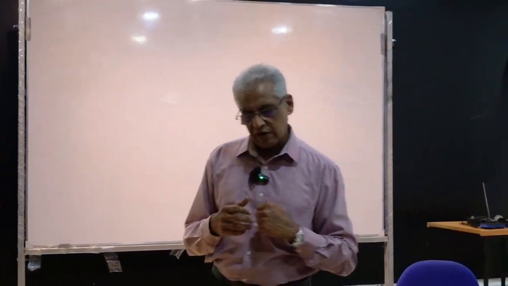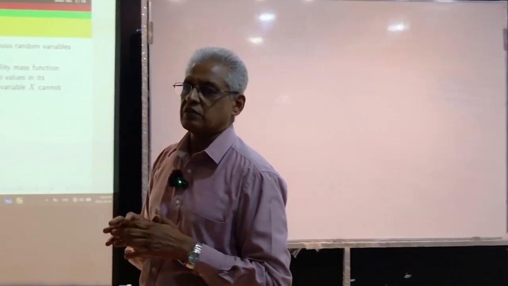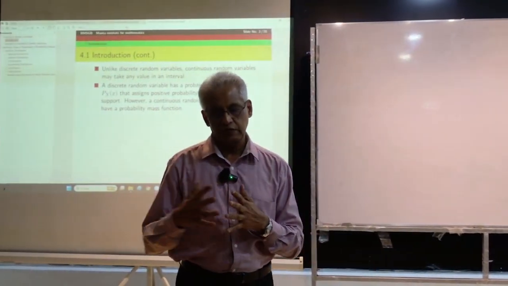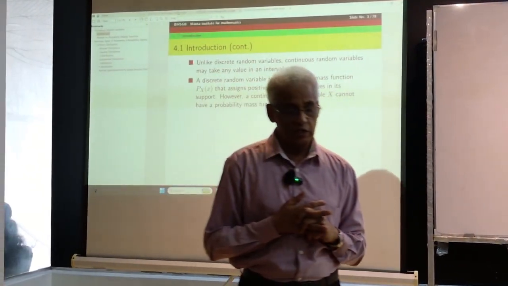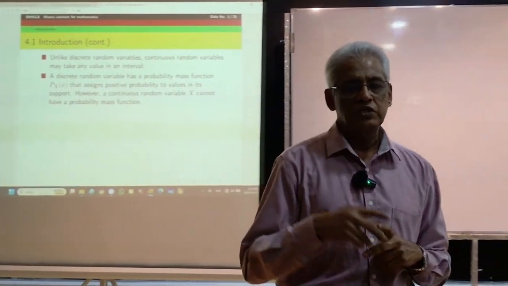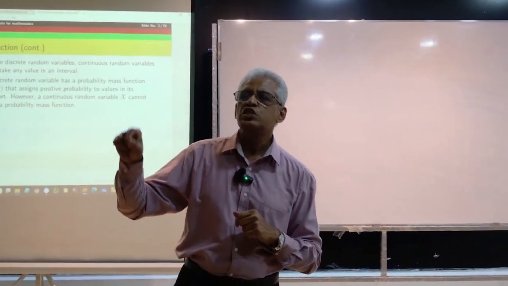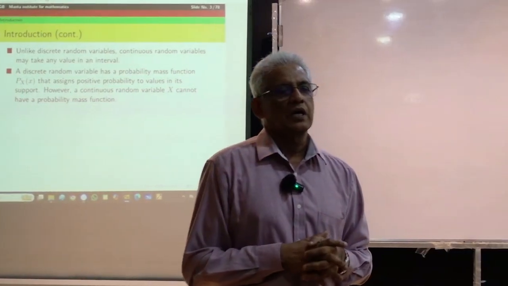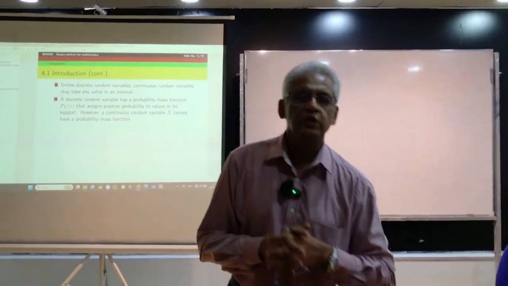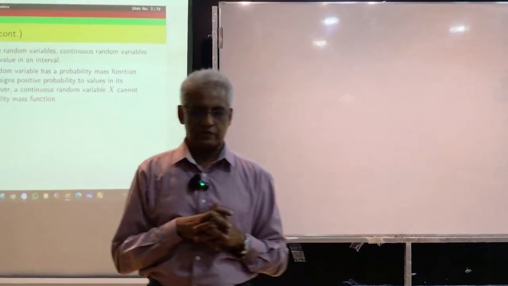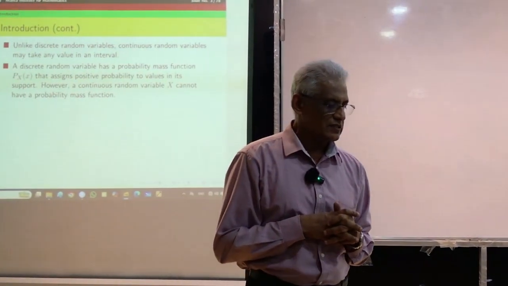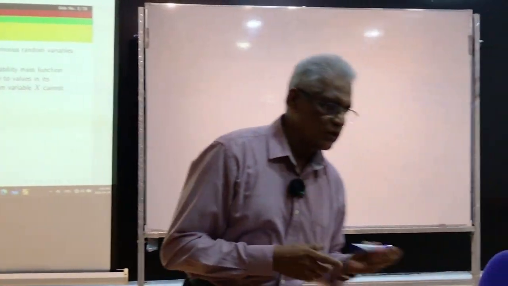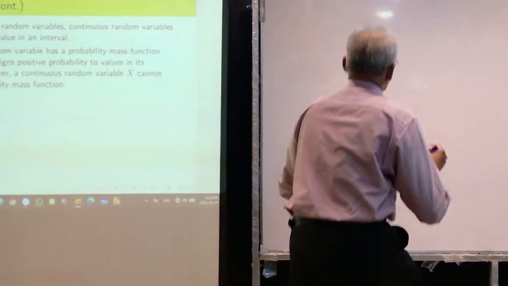For discrete random variables, we discuss mainly two probability functions. One is the probability mass function, which gives you the probability for each possible value separately. And then we discuss the cumulative distribution function, capital Fx, that is the probability x less than or equal to some value x.